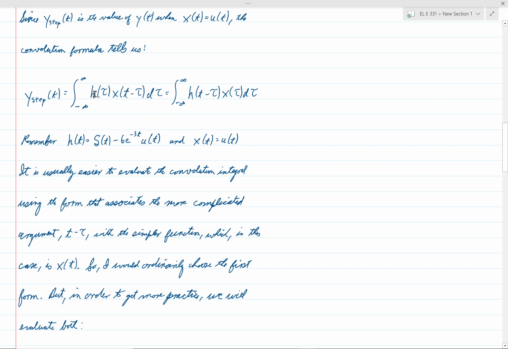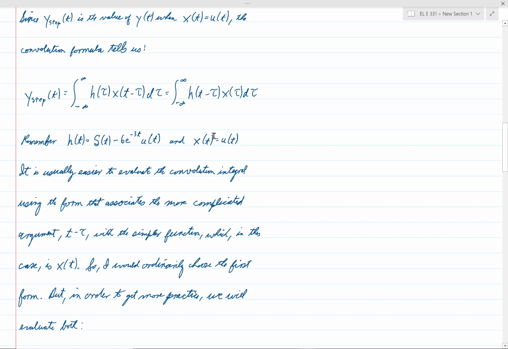See, this argument is simple, tau, but t minus tau is a little more complicated. So if x is simpler than h, I choose the first form, but if h is simpler than x, then I choose the second form.